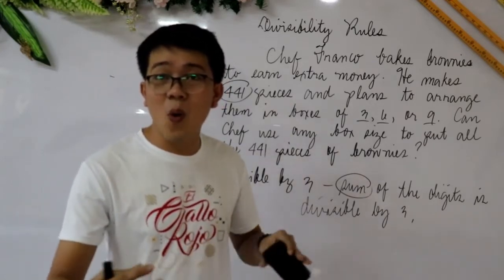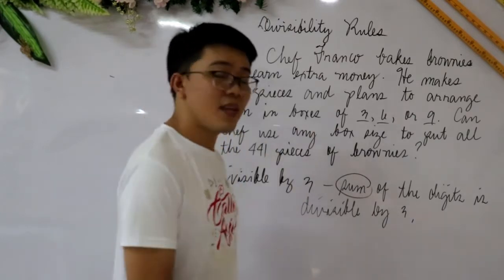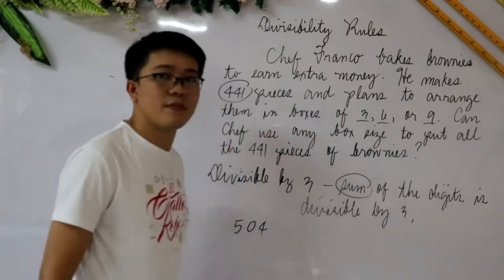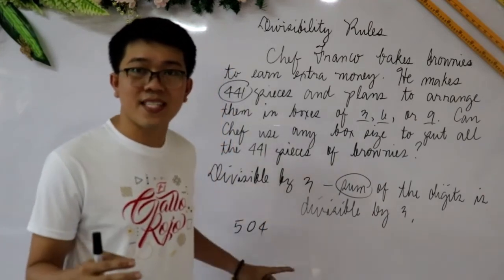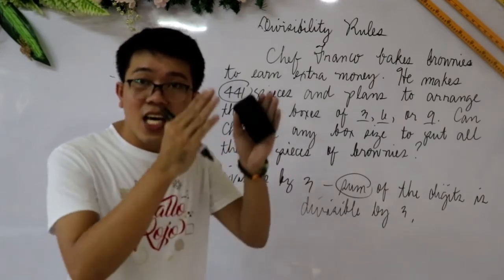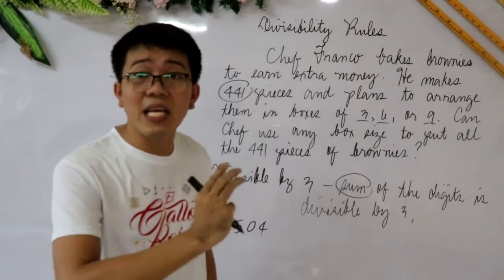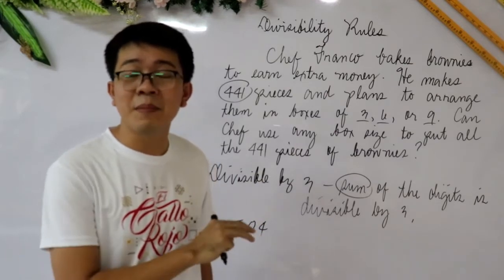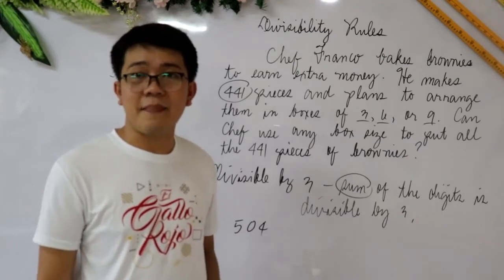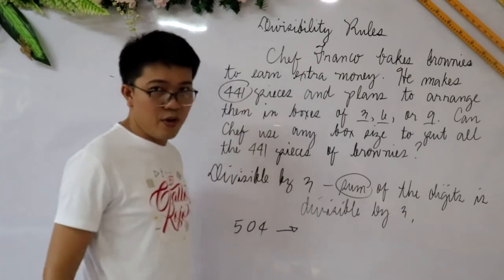Now, for you to understand it more clearly, I have to cite an example for you. I have here 504. If we are going to check this by using the traditional way of dividing, the division process, it will take us much time. So by just adding all the digits and checking if it's divisible by 3, it will shorten our time. What are the digits in 504?